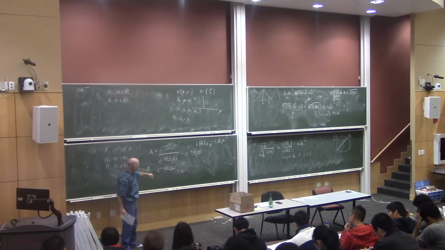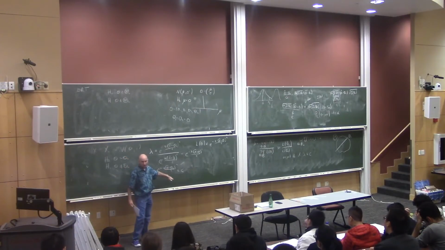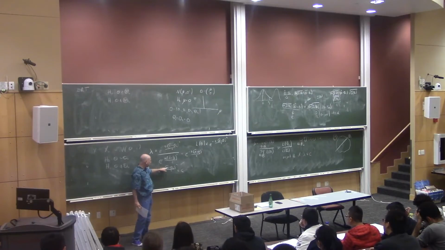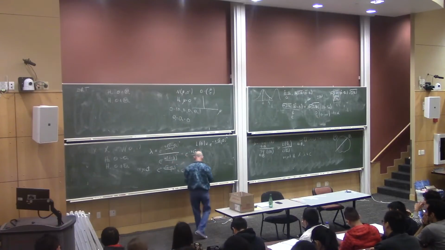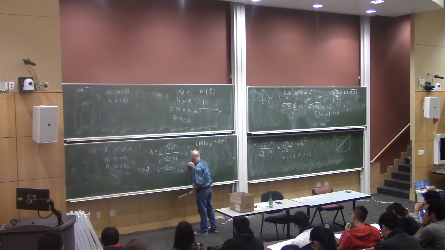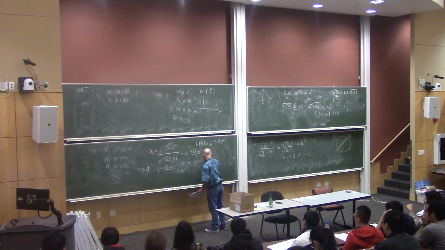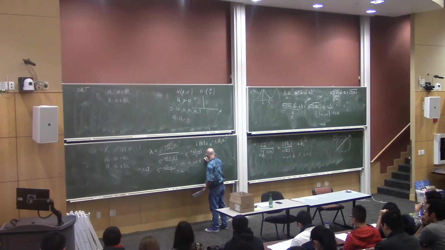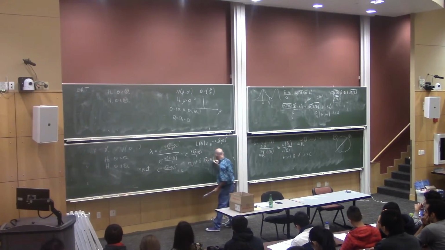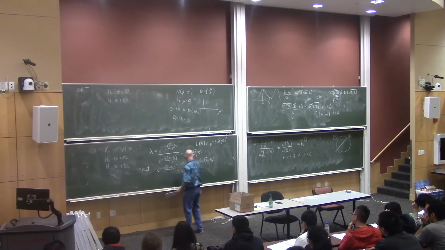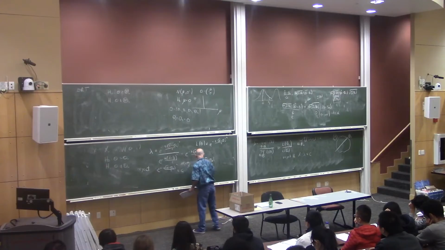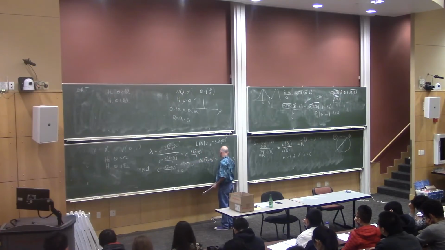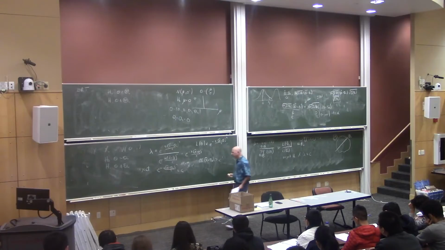And a little bit of algebra will show that rejecting when this is smaller than some constant is equivalent to rejecting when x bar minus theta 0 is bigger than some other constant. So this is equivalent to rejecting if the absolute value of x bar minus theta 0, in fact, I'm going to write it this way, is bigger than some other constant, let's call it c prime. Let's just rearrange it.